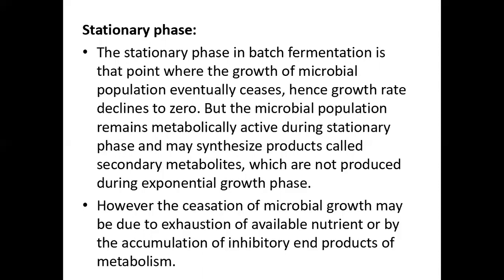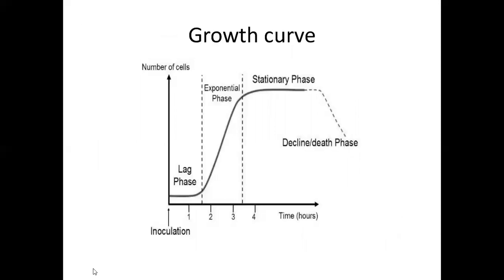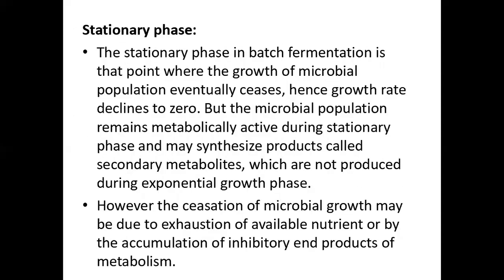Here, stationary means the line in the graph is not increasing. In this phase you can see the line is straight, right? The number of cells is constant. It means cells have stopped dividing, but they are metabolically active, right?